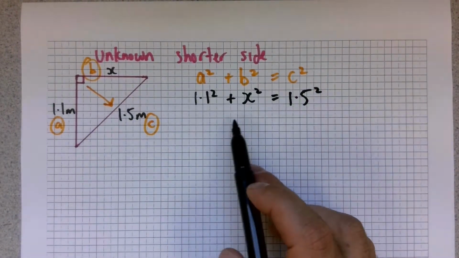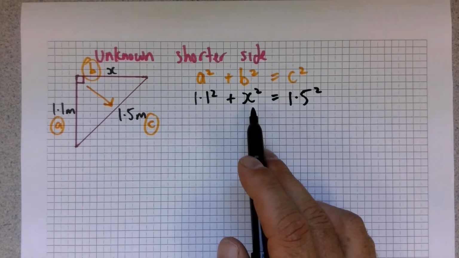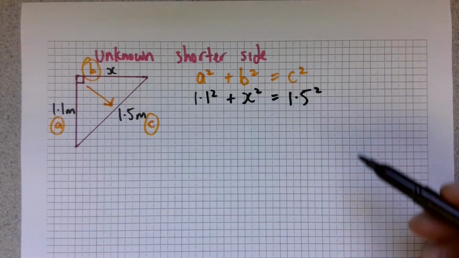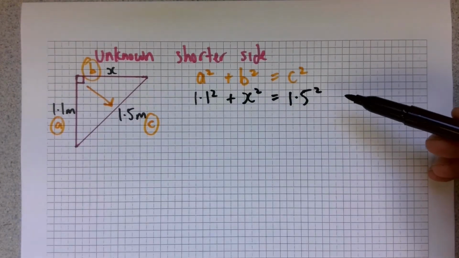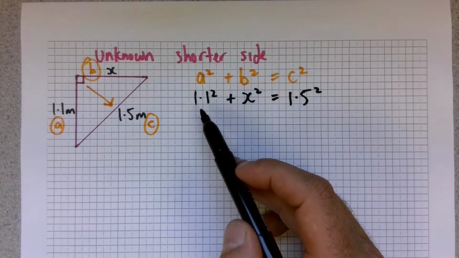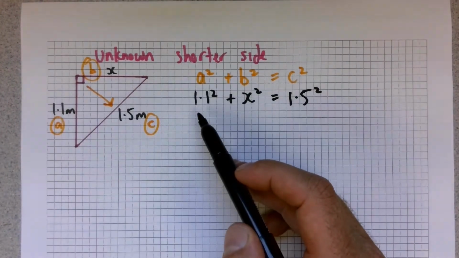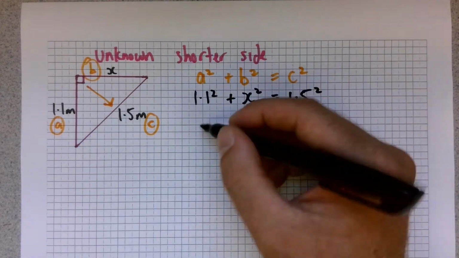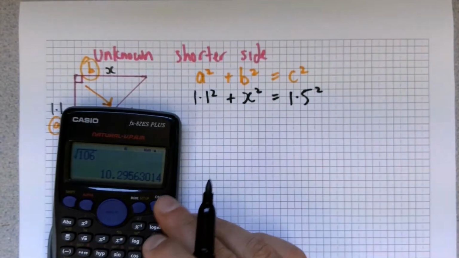So here you can see I've got my unknown on the left-hand side of the equation. But we're still going to follow the process step by step and solve for that unknown. So I'm going to start by squaring 1.1, which is 1.1 times 1.1.